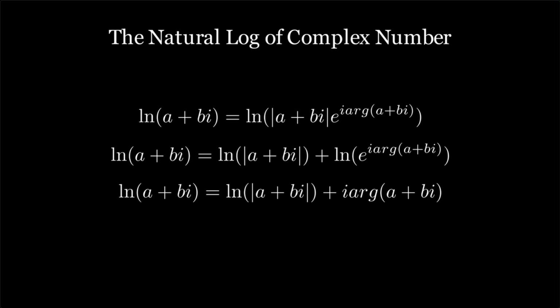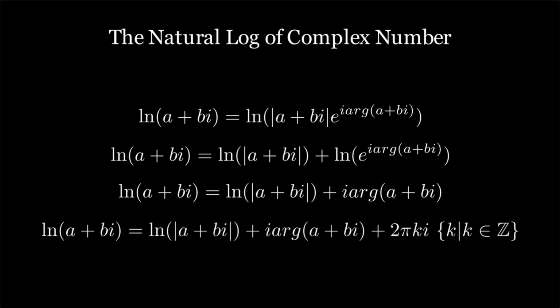But one thing we have to recognize is that every 2 pi radians, the angle cycles or is equivalent. So we can say that the natural log of a plus bi is equal to the natural log of the magnitude of a plus bi, plus i times the argument of a plus bi, plus 2 pi k i, where k is an integer.